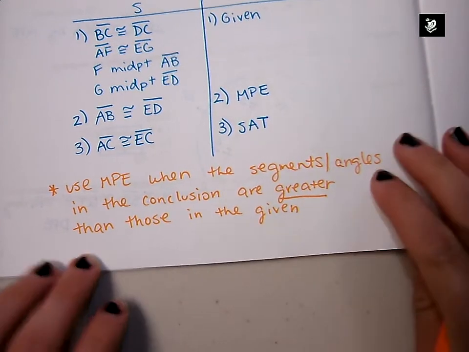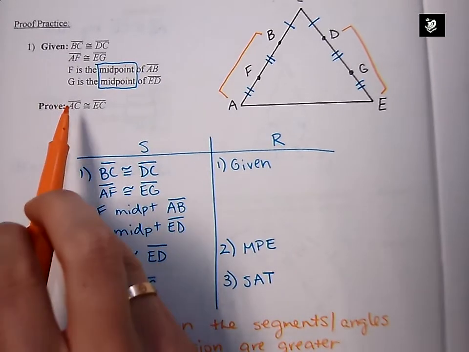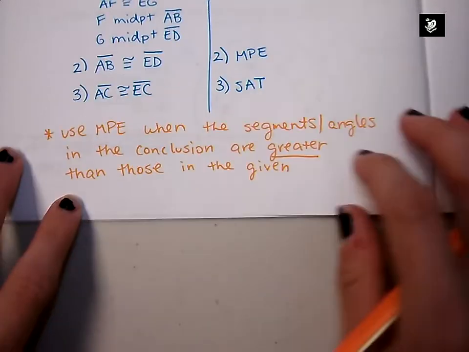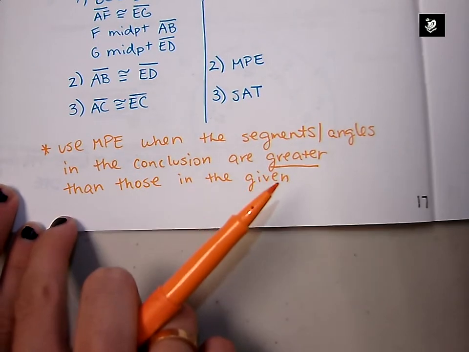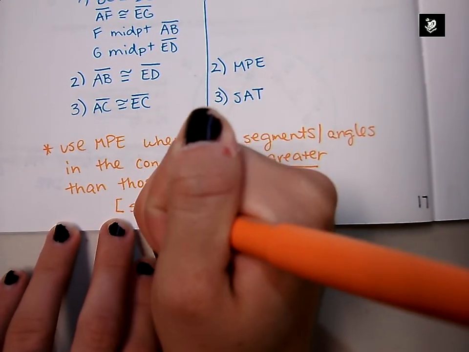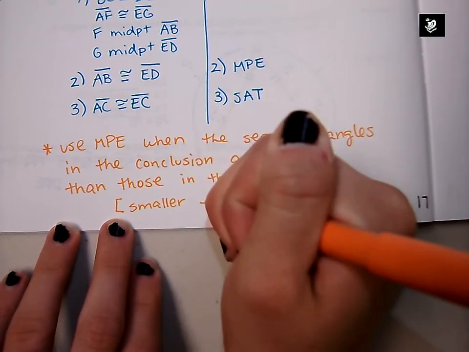So again, my AC and EC were larger than the pieces in the given. You can also phrase it as you're going from smaller to larger. So maybe we'll put that in a little bracket. Smaller to larger.